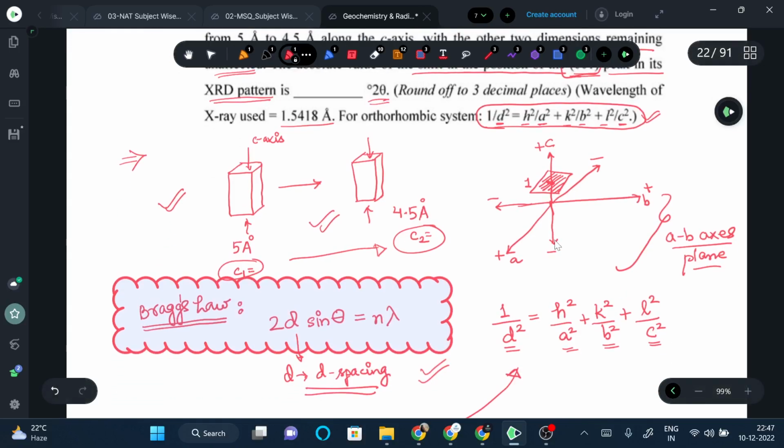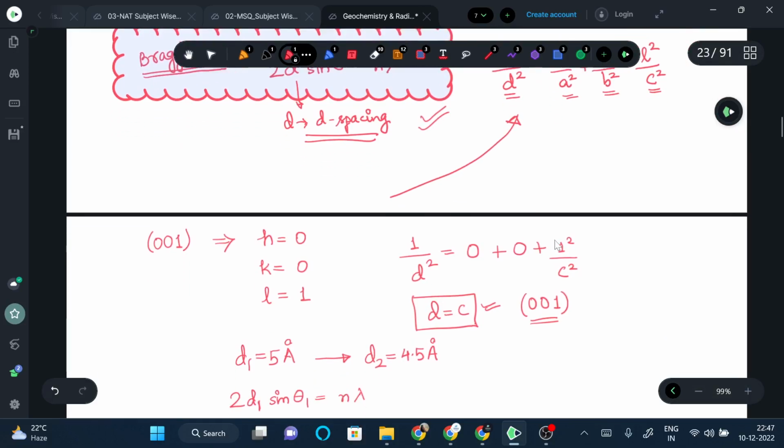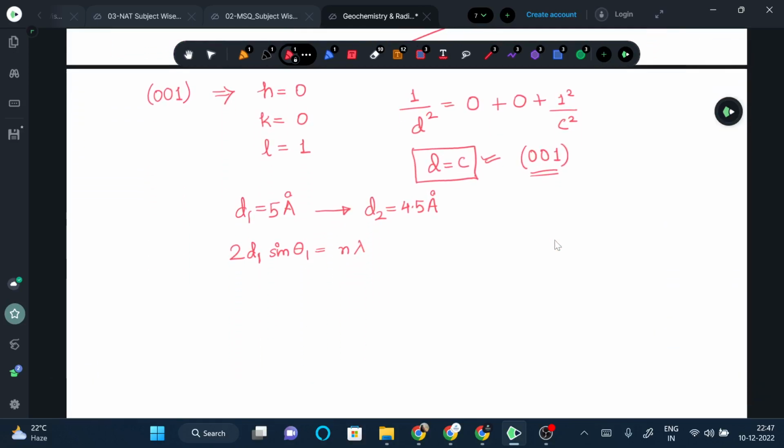So n here is actually the order, the path difference order. If nothing is mentioned for n, we just assume it to be the first order. Since the question doesn't mention which order of diffraction is happening, we take n as 1, because even if you take half or anything, it will be the same for both cases, so the answer comes out the same. n eventually gets cancelled out, so you don't need to worry about it, but to make the calculation simple, we calculate for first order diffraction.